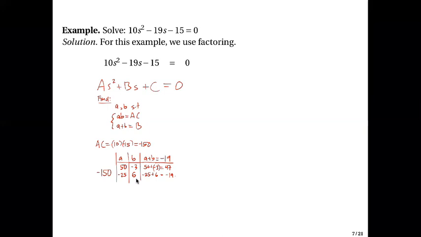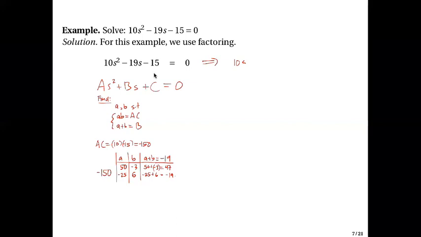So, what are we going to do now? From this equation here, let me write again, 10s squared minus 19s minus 15 equals 0.